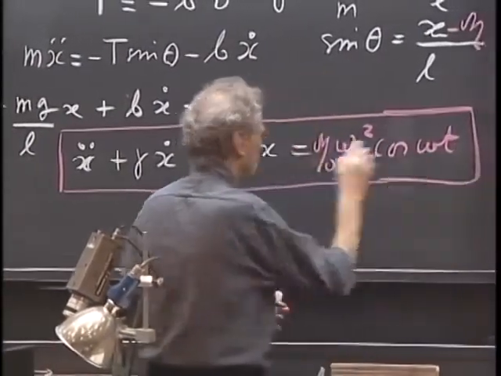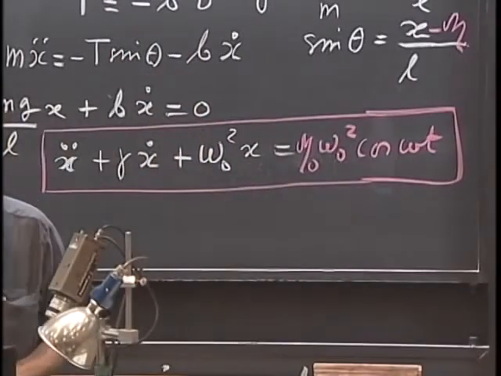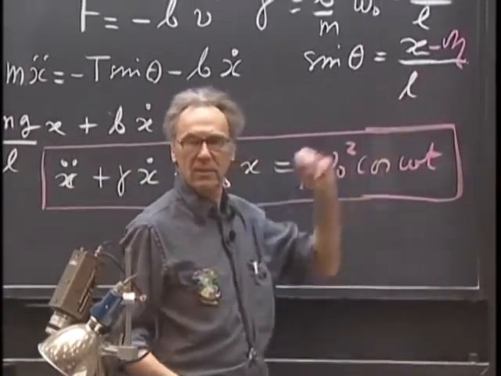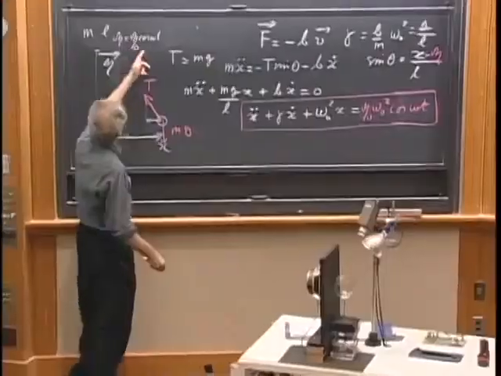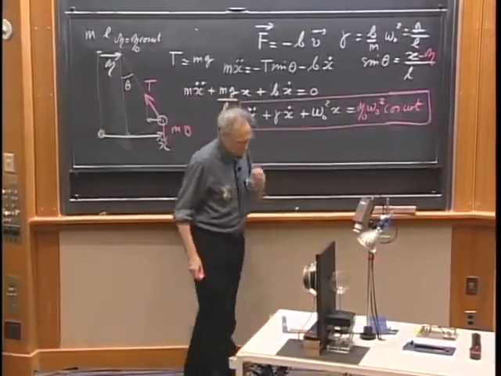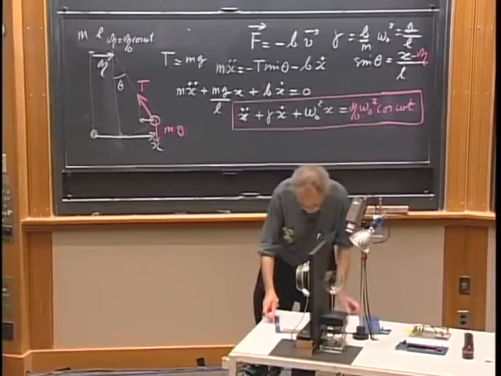My omega. So instead of sine theta equals x divided by L, all you have to do is this. You know that eta is eta 0 cosine omega t. You carry that through, and you will see that your differential equation now changes.